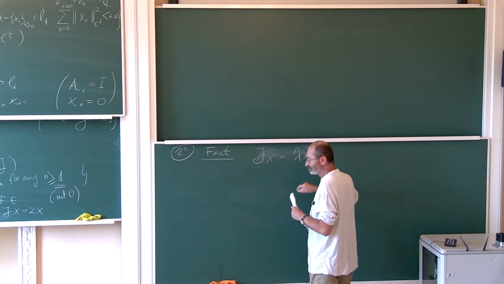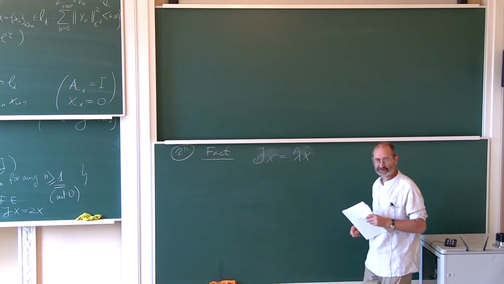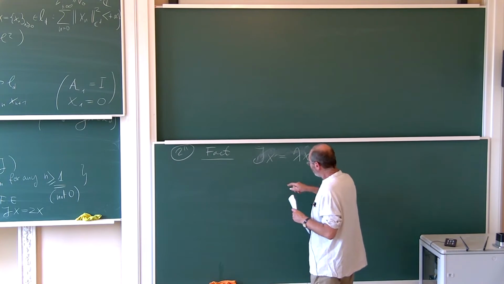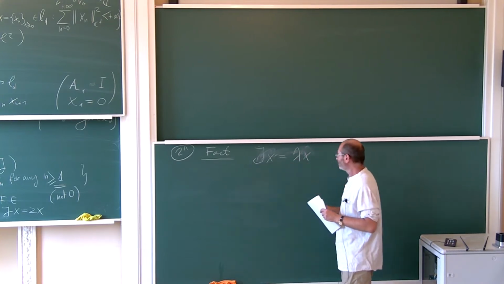In fact, it should be a real number when J is self-adjoint, or x should be 0.